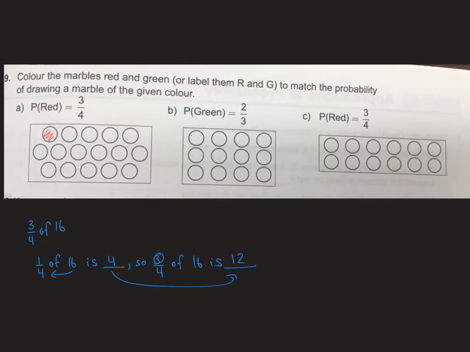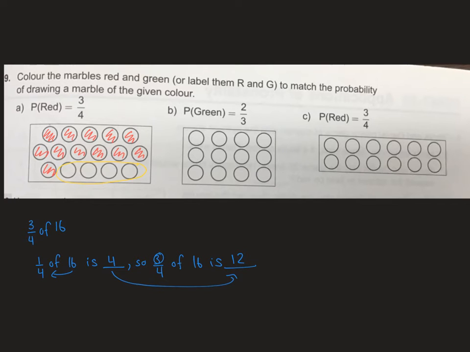So it doesn't matter which 12, 1, 2, 3, 4, 5, 6, 7, 8, 9, 10, 11, 12. And so if you wanted to prove that it really is correct, I'm just going to use yellow to make some groups, right?